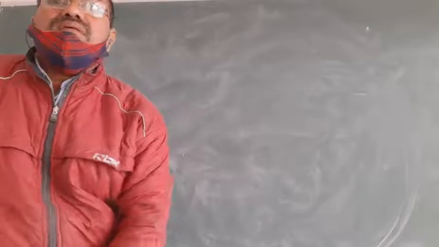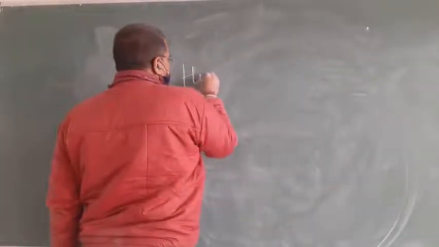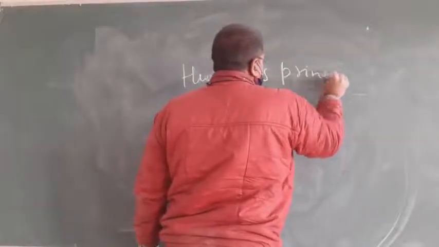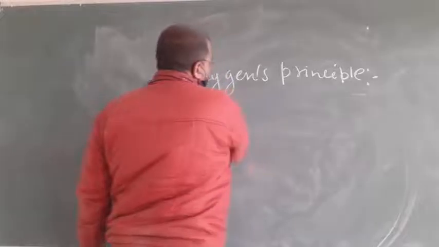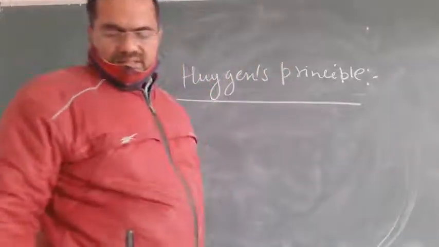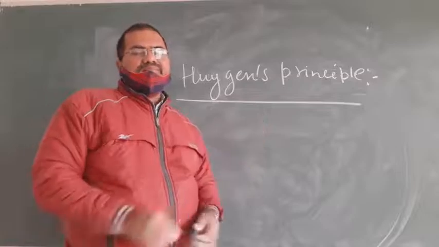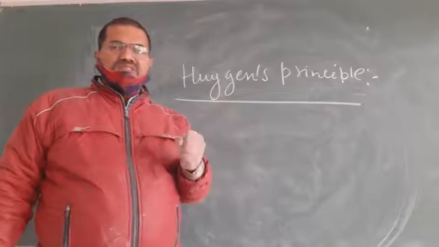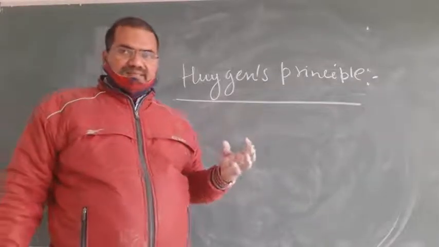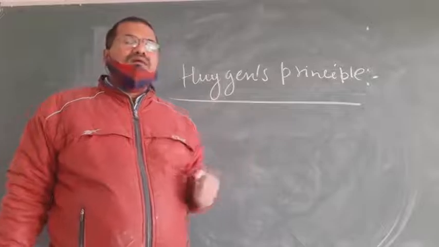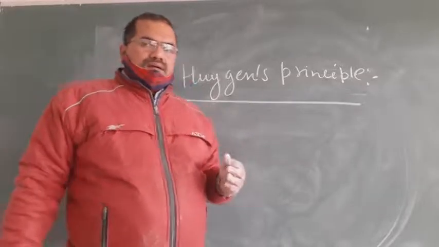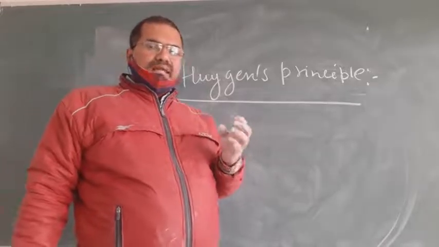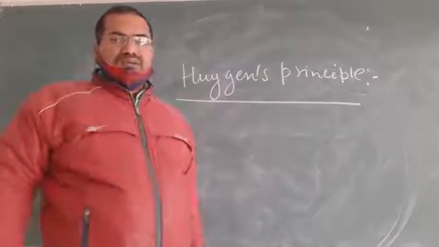So now move on. Huygens principle. Very important Huygens principle. As far as the board is concerned, according to Huygens, there is a primary source which emits primary wavelets, called primary rays of light, and these primary wavelets create a primary wavefront.